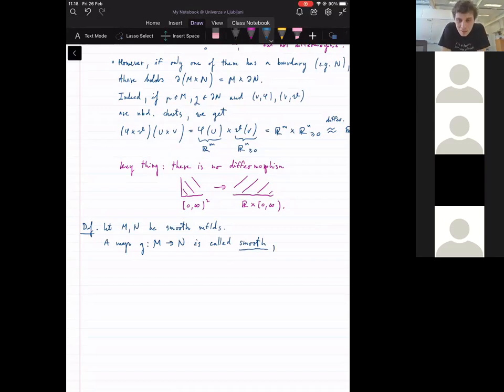So does anybody who hasn't yet had the analysis on manifolds course reckon how we would define smooth maps?